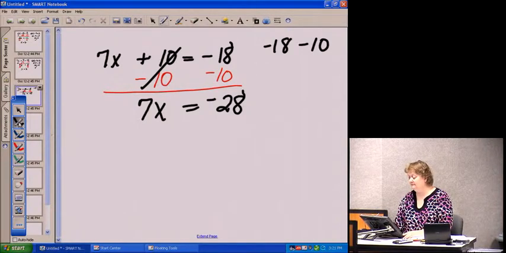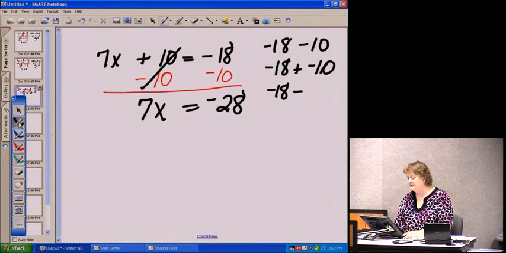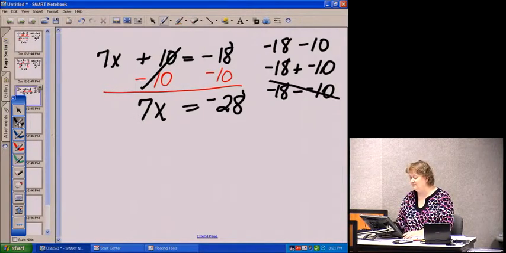That's okay. And that's okay. But you don't see two negatives there. We're not subtracting a negative 10 because we don't see a double negative. That's not okay.